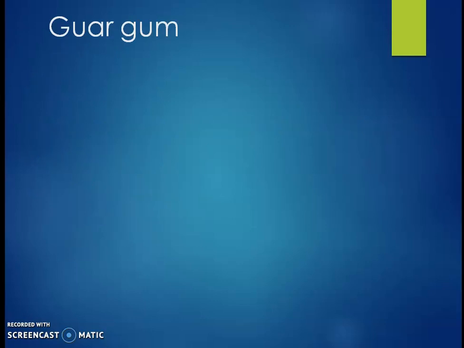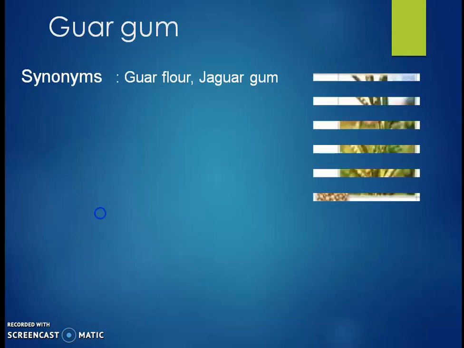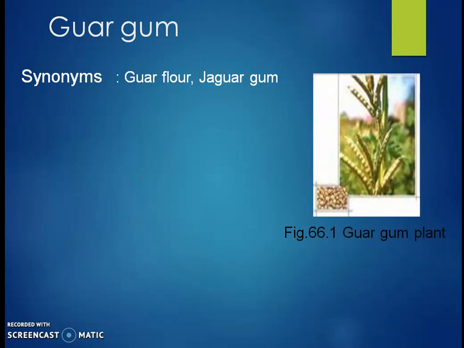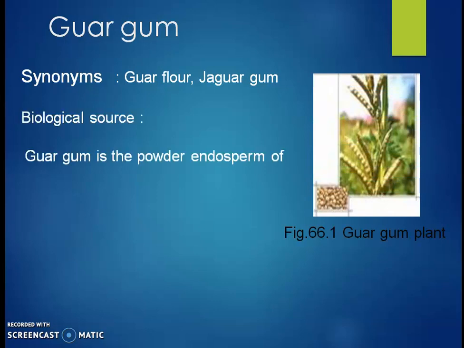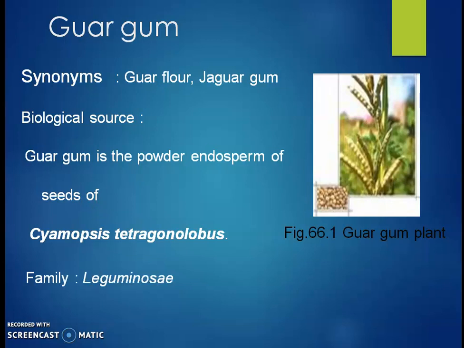Then the fourth pharmaceutical aid is guar gum. Synonym is guar flour or jaguar gum. Biological source: gum is a powder of endosperm of seeds of Cyamopsis tetragonolobus, family Leguminosae.